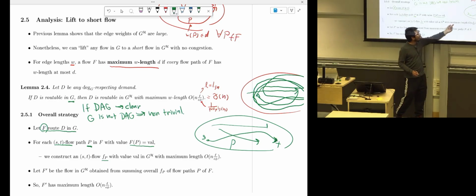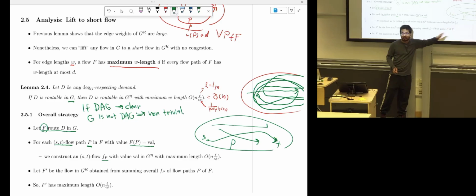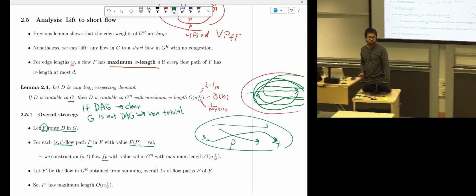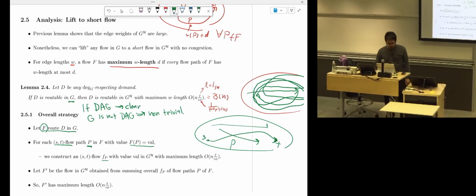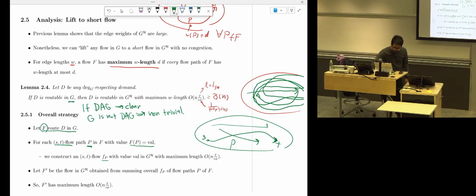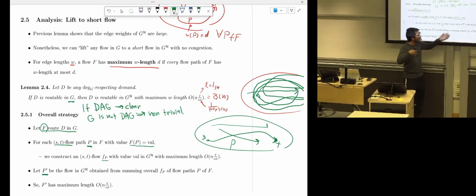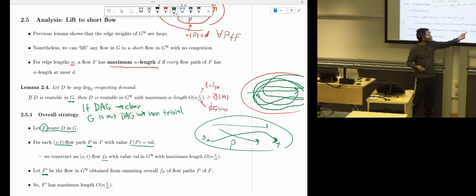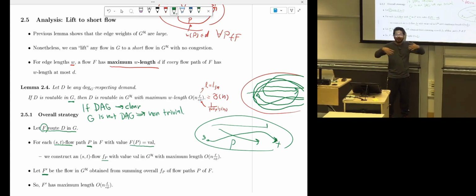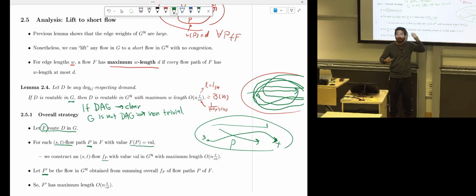But now I say that this flow will have maximum length something like n. Then my resulting flow at the end, f prime, is a flow on the shortcut graph, and I just collect all these flows f_P, summing over all flow paths of the original flow.